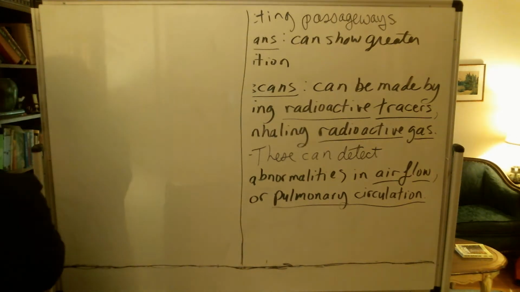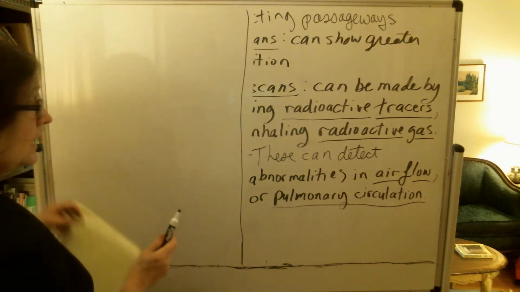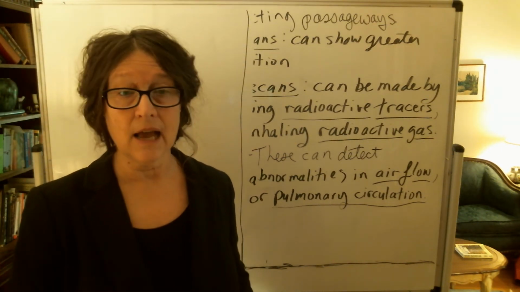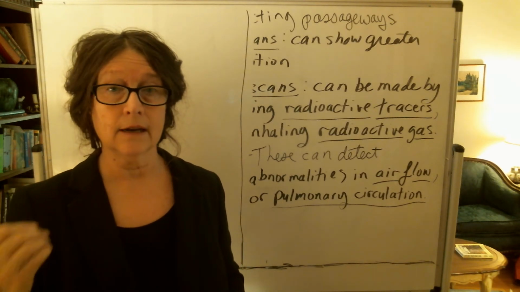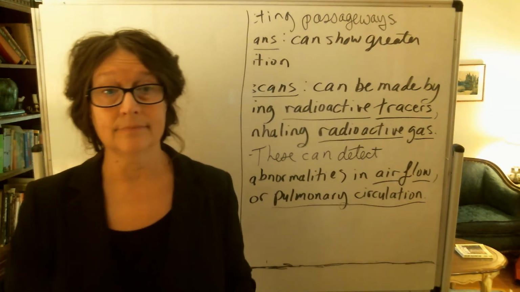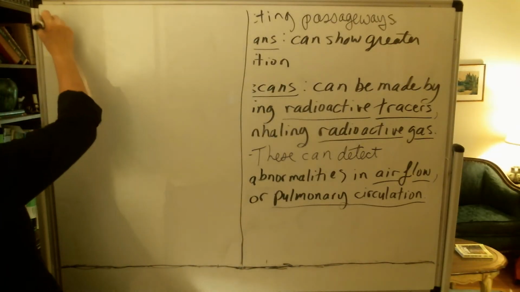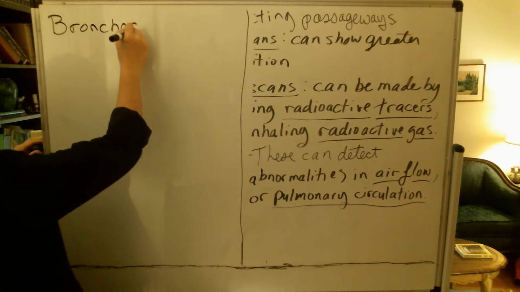Okay, so suppose you saw something in that X-ray or in that CAT scan that you think looks worrisome, and you wish you could get a closer look at it. You wish you could look at the tissue itself. Now we can. This is done by way of bronchoscopy.